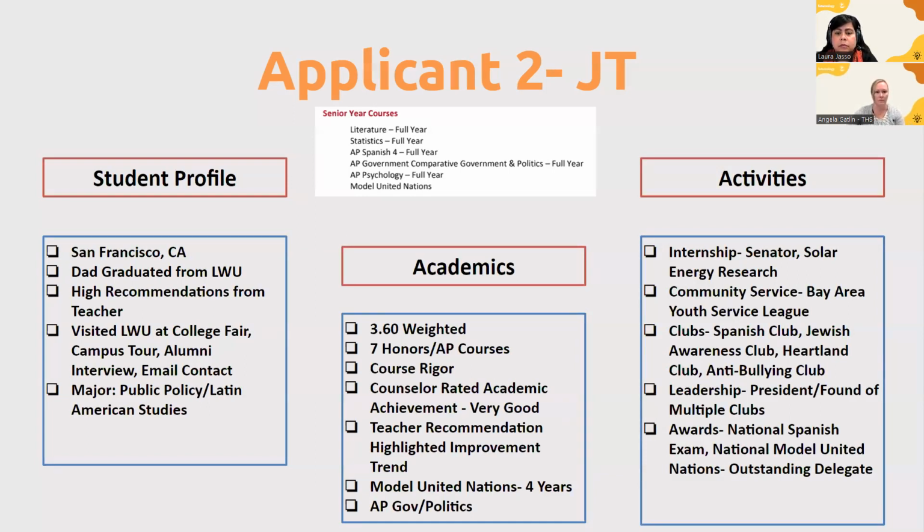He has done community service with the Bay Area Youth Service League. He is also president of the Spanish Club, VP of the Jewish Awareness Club, and a part of the Heartland Alliance International, and also in the ABC Anti-Bullying Club, where he was VP and now president.